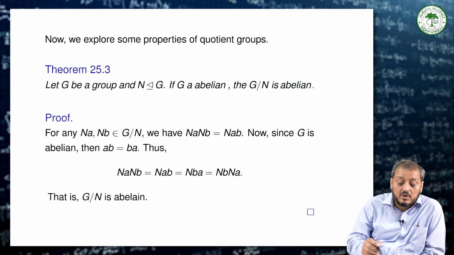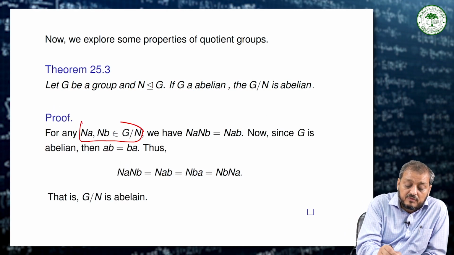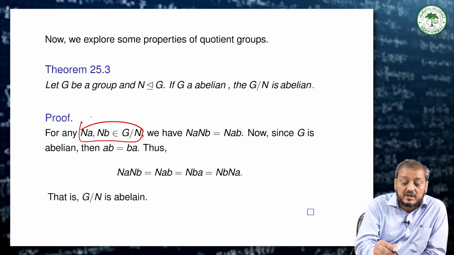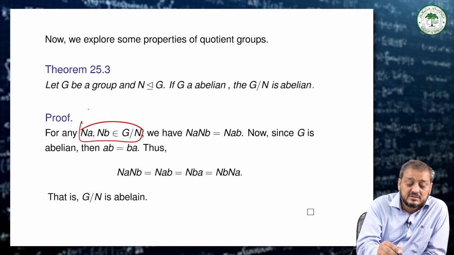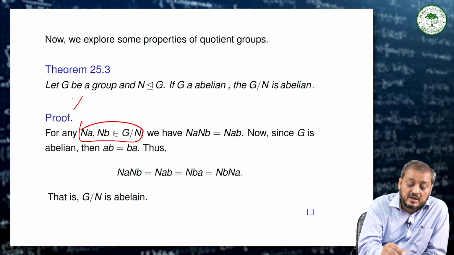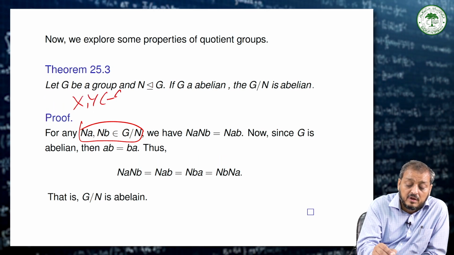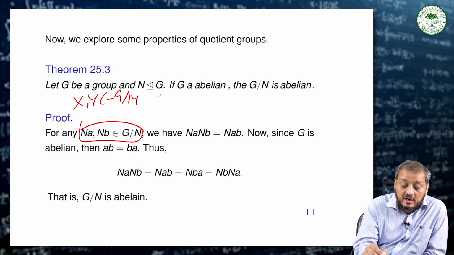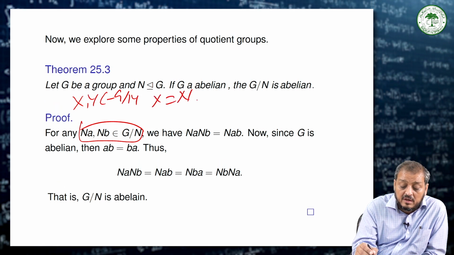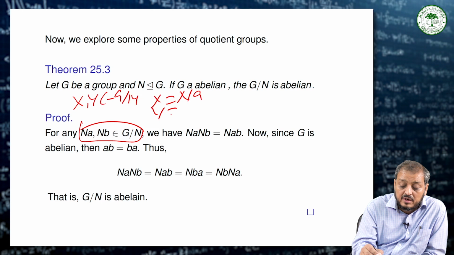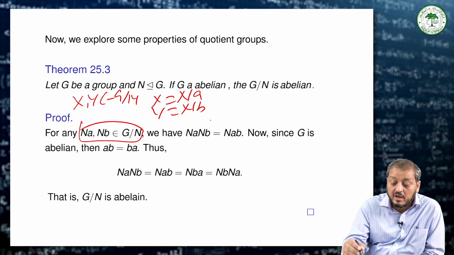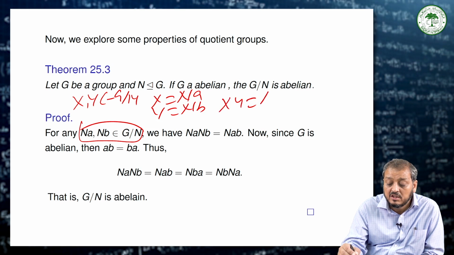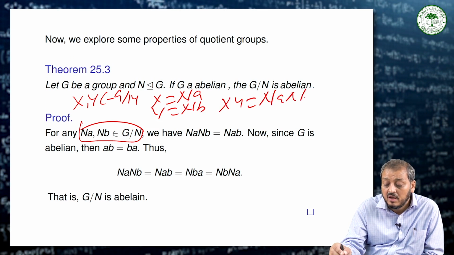We take two elements na and nb, that is, x and y are elements of G by n. Then x can be written as na and y can be written as nb. Now xy is equal to na times nb.